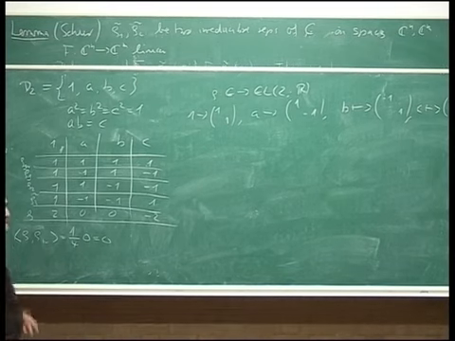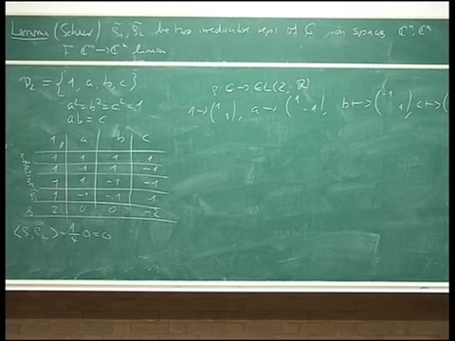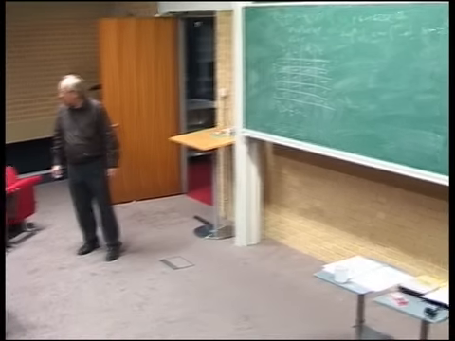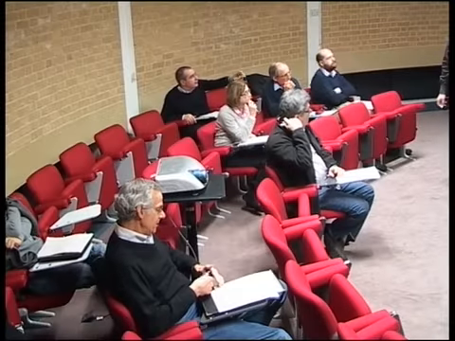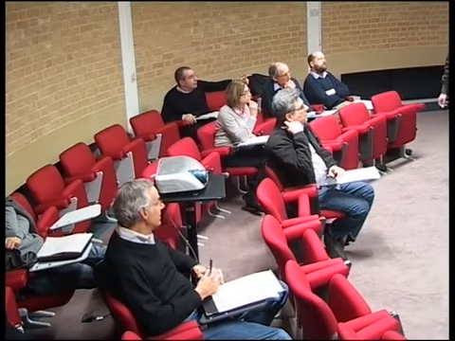But the last row is a character, isn't it? Excuse me? The last row you've written is a character of the representation I've written up there. Yes, but the character, not the representation itself. Yeah, but I have always written the character. This is the character corresponding to this representation.